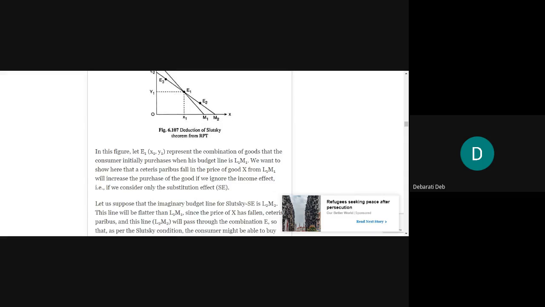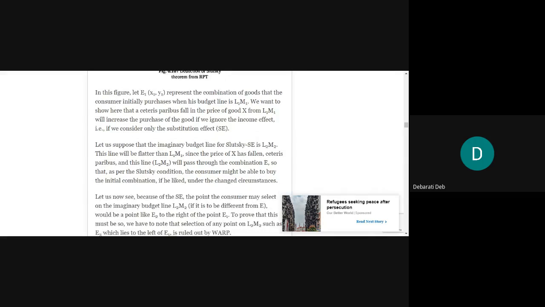It is affordable. When the budget line is passing through the point E1, that indicates that E1 is actually an affordable one. But we are now also saying that if this E3 point is available to the consumer, which is lying to the left of E1, it will be ruled out due to this weak axiom of revealed preference.